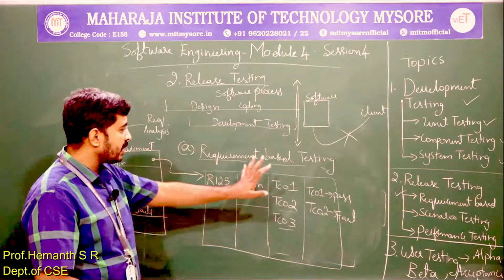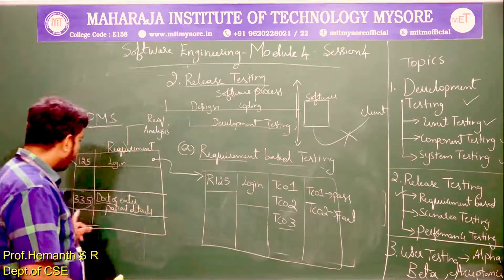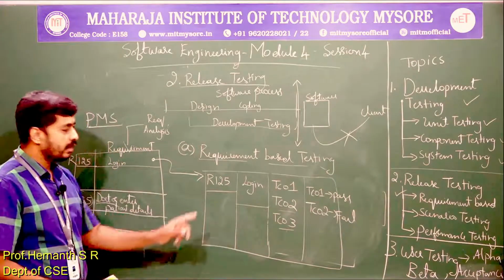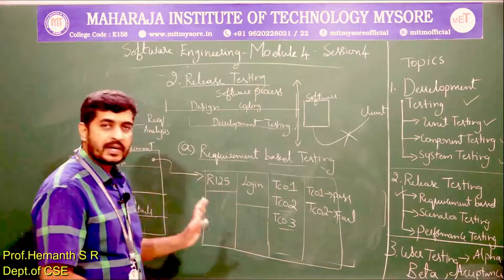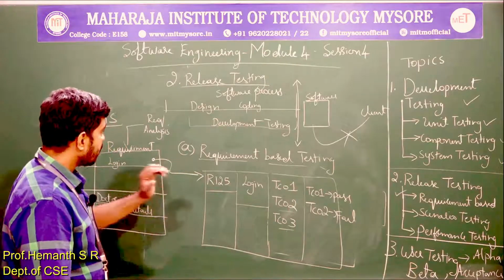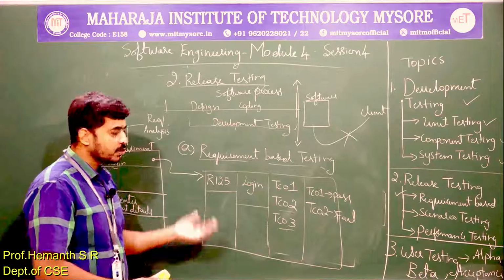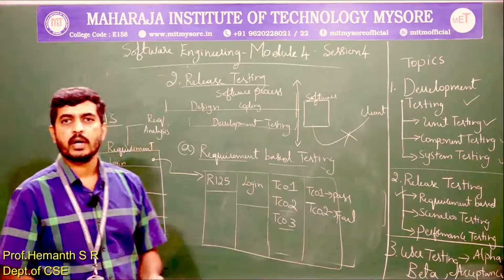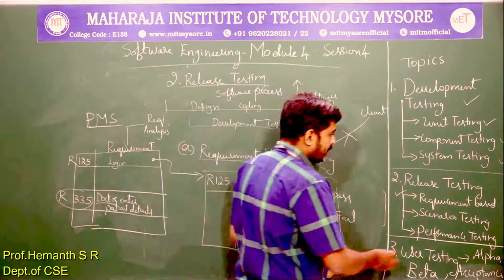So the major highlighting part here is requirements of the clients are taken and tested for the expected behavior. This was the first one under release testing. So this approach could be used to test the software product. So this was requirement based testing.